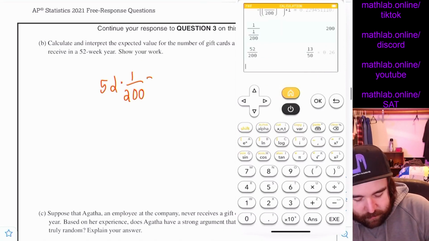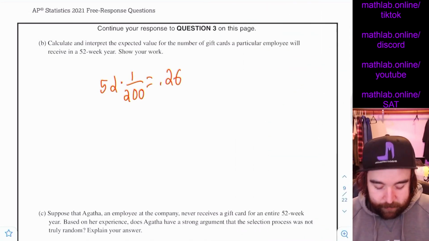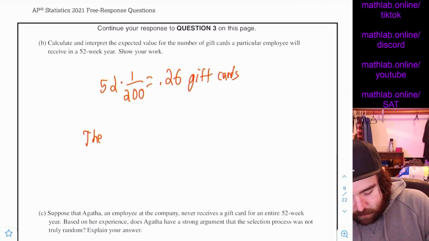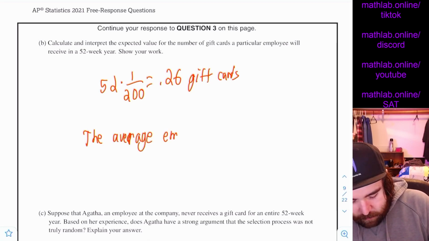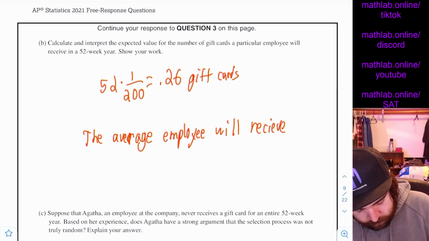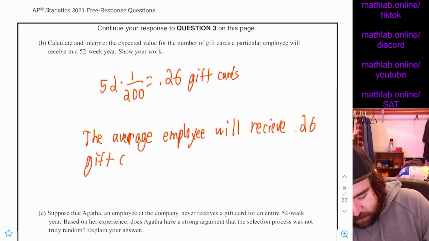I did not need a calculator for that. So the average employee will receive 0.26 gift cards per year.